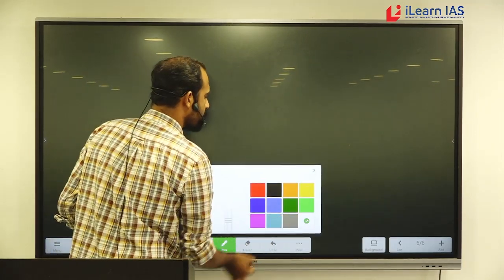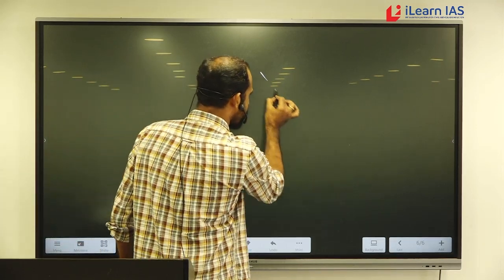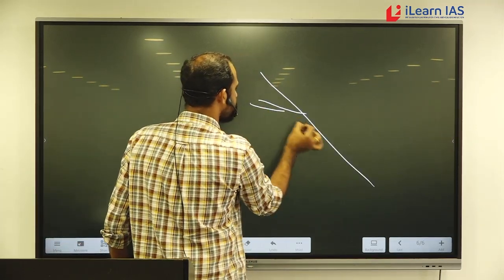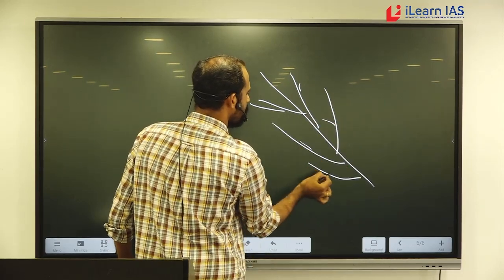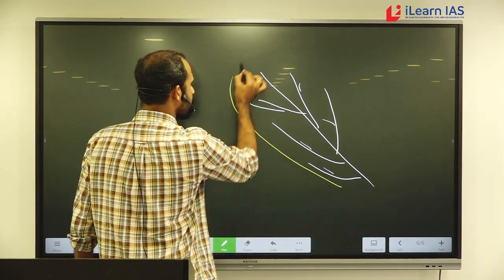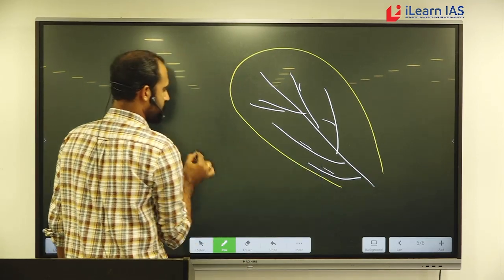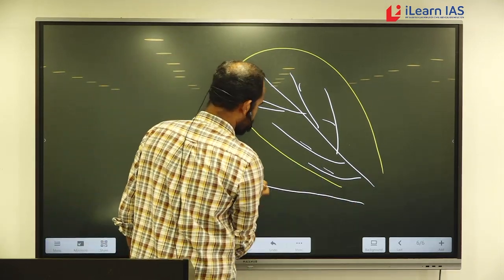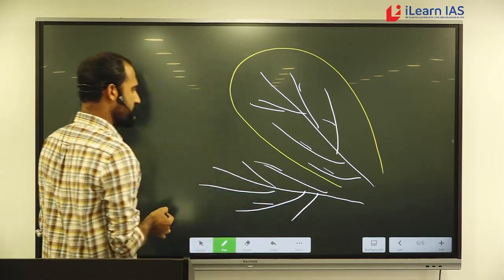Now friends, say there is this river here. It has a basin. Okay, so there is a basin for this river. Now nearby there will be another river, right? There is another river and its tributaries.